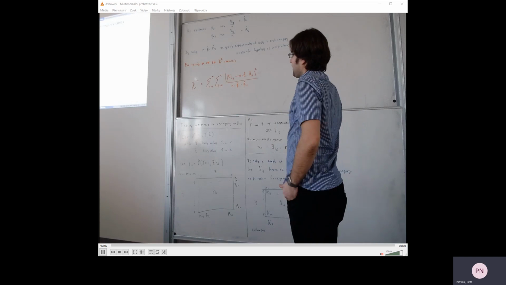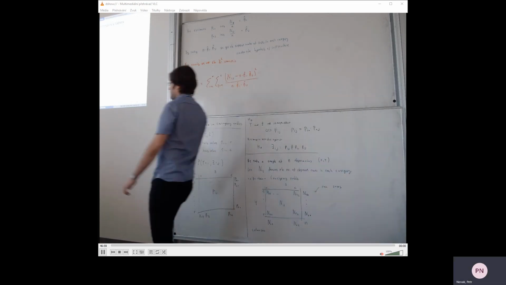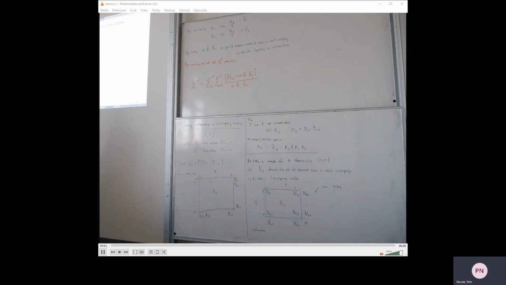Okay, and this statistic has a chi-square distribution and we need to be careful about the number of degrees of freedom in this case.